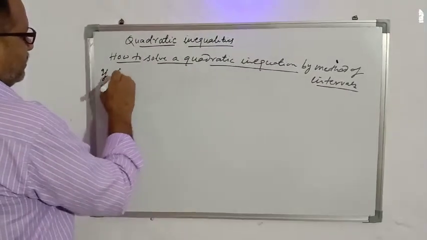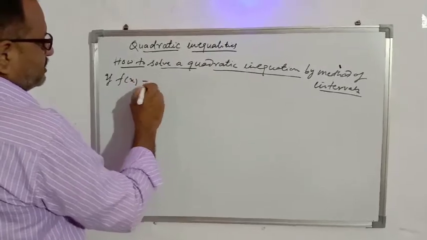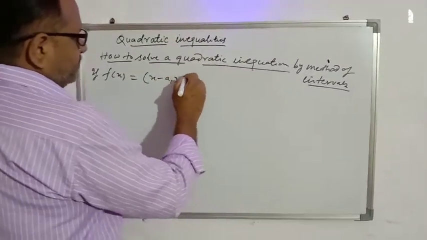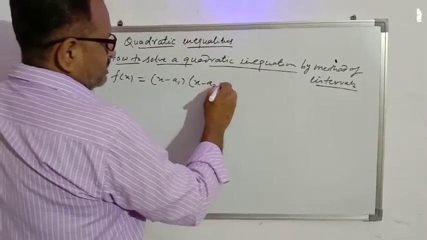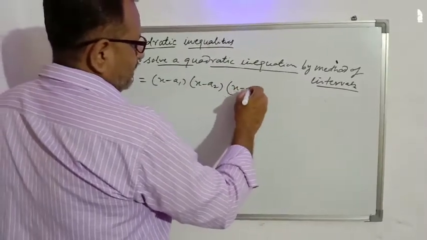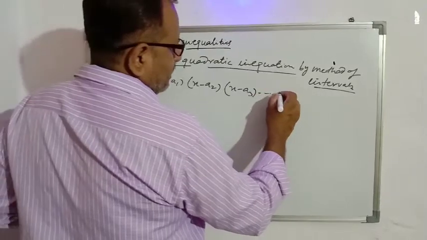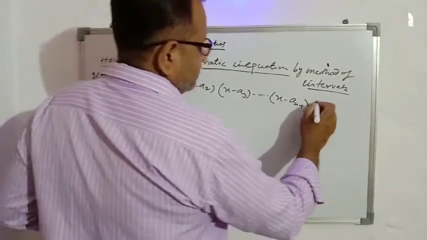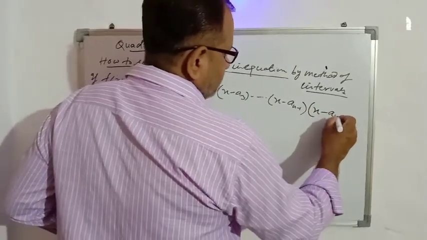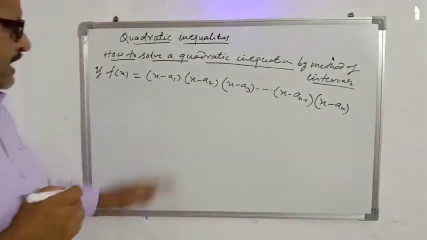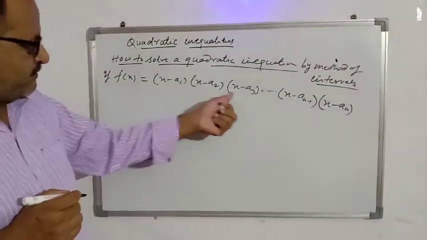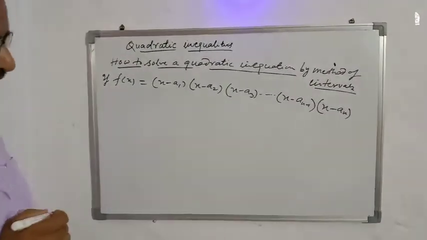If a function f(x) is equal to (x minus a1) into (x minus a2), (x minus a3), up to (x minus a(n-1)) and (x minus an). There are n linear factors. Product of these factors is equal to f(x).